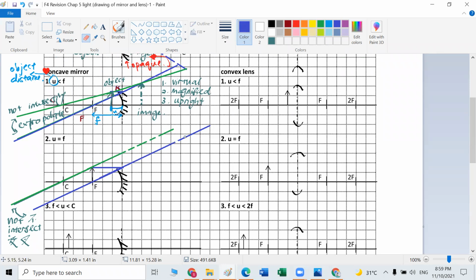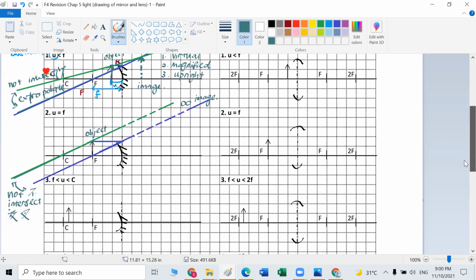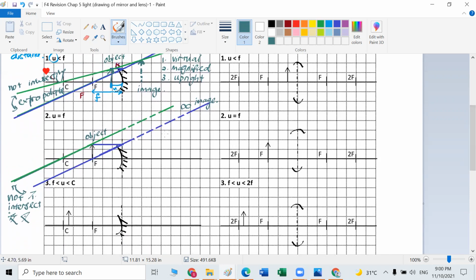We don't count the marks here. So you will see, they still cannot intersect. How? Oh, it's because image forms in infinity. This is object, this is image forms in infinity. So, what is the characteristic? We leave it first.